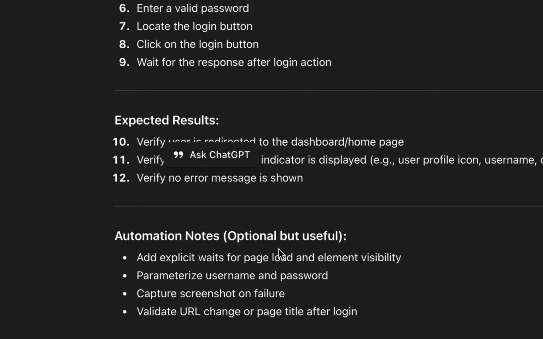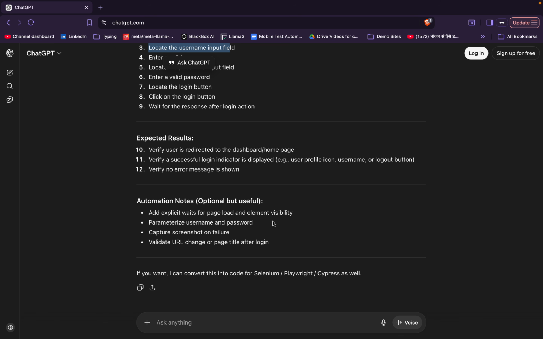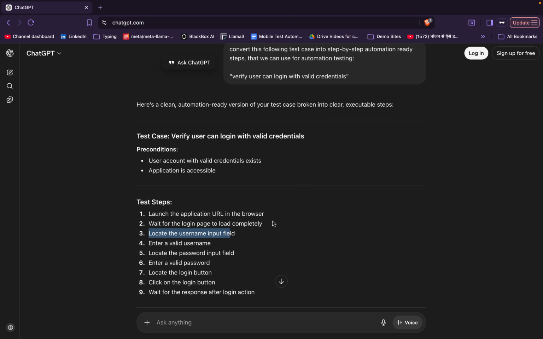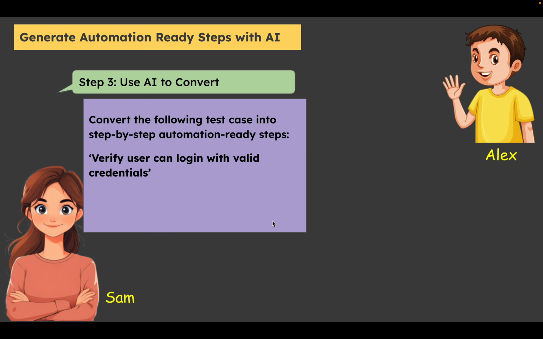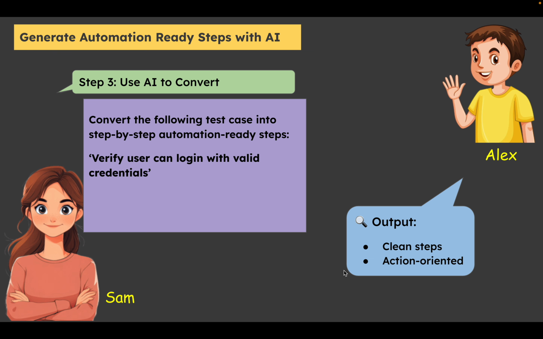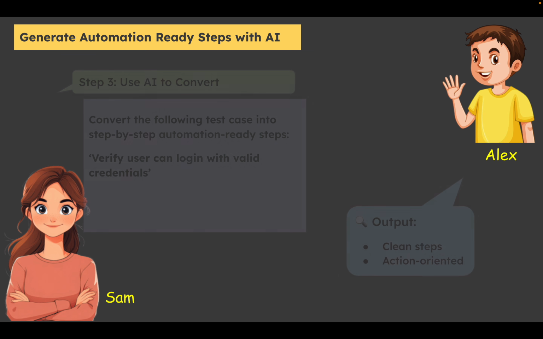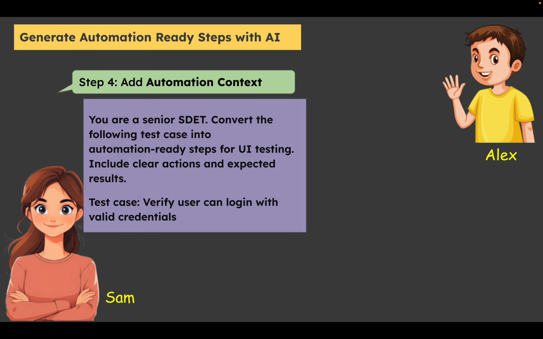Now it has still given us a generic output because we have not given the entire context: what automation tool we are using, what exactly we want to focus on, what format, structure, constraints, etc. All this we have learned earlier. So as of now we have got clean, action oriented steps, but let us now add the automation context.